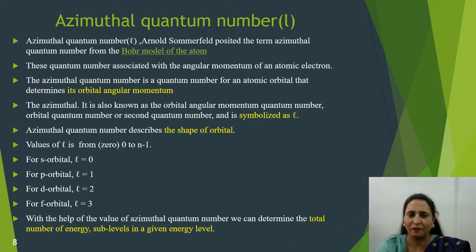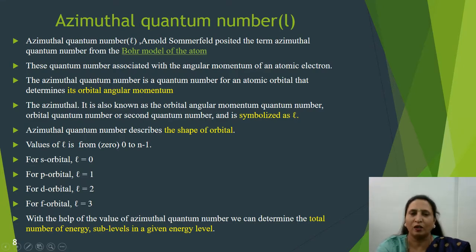Now the second quantum number is the azimuthal quantum number, denoted by the small letter l. This quantum number was put forth by the scientist Sommerfeld, who also used the Bohr atomic model. It is associated with the angular momentum of an atomic electron.